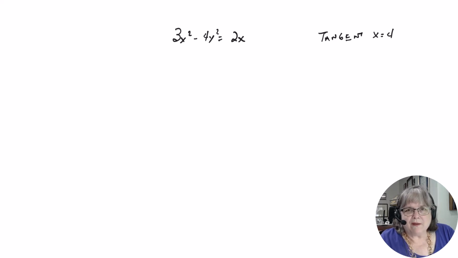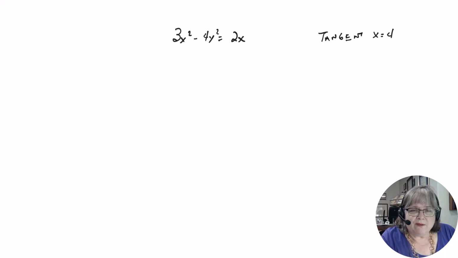But for right now, in order to find a tangent, don't you have to take the derivative? Because remember, to find any equation of a line, you need a point and you need a slope. And the slope comes from the derivative, right? Because the derivative is the instantaneous slope of this curve anywhere along its length. So let's take the derivative.